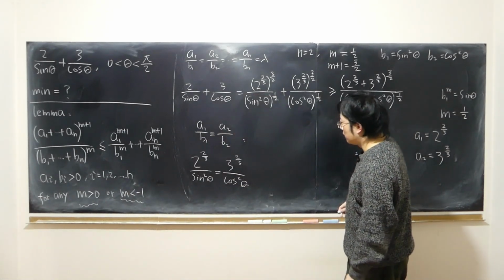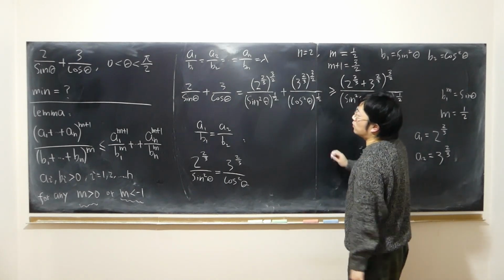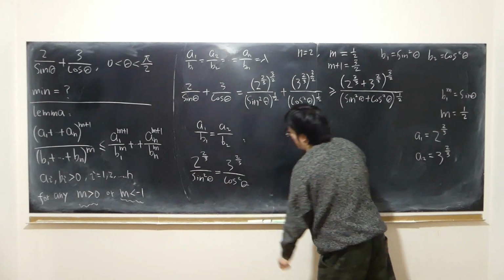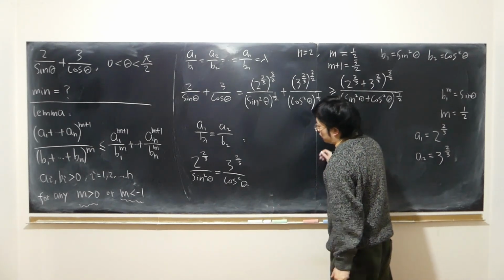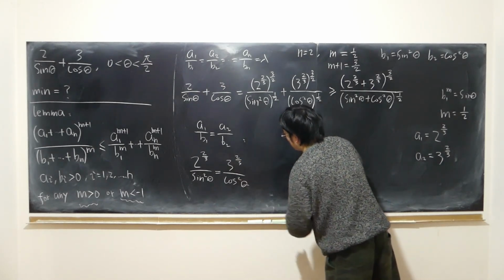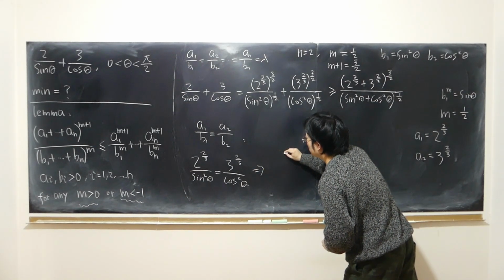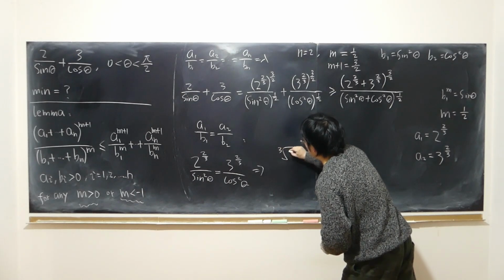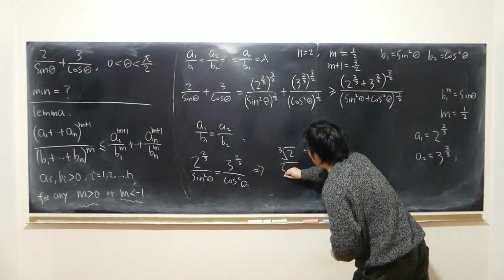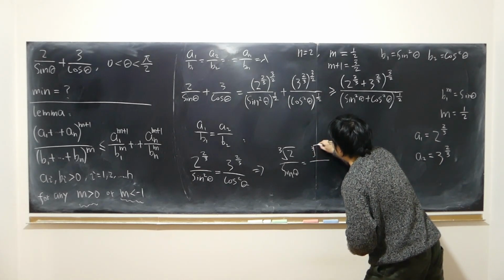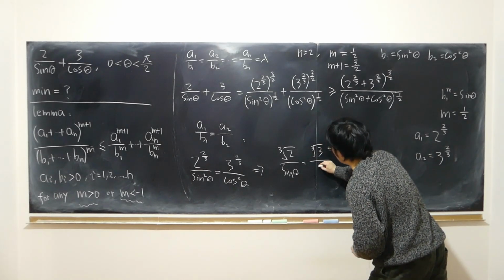That is easy. Theta is between 0 and half pi, so sine is positive, and so is cosine. So we take the square root on both sides. Now it becomes cubic root of 2 over sine is equal to cubic root of 3 over cosine.